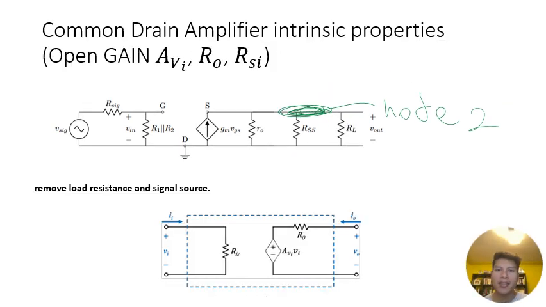All right, so now we're going to look at the common drain amplifier and the intrinsic properties. Just to recollect, what we want to do is come up with the equivalent RIS, RO, and AVI.